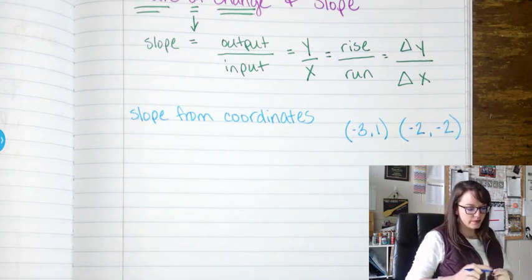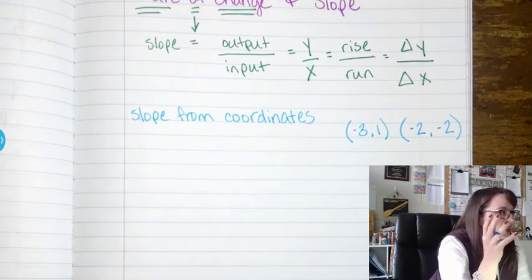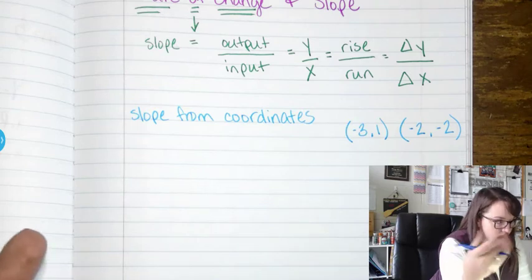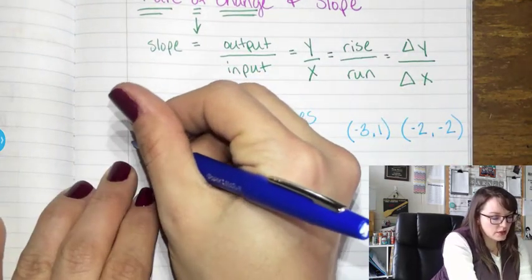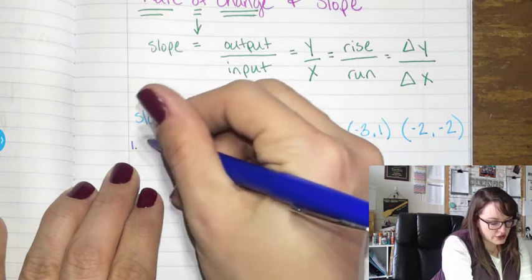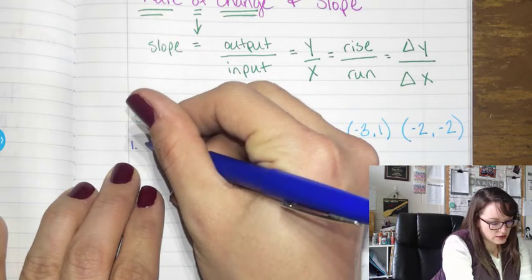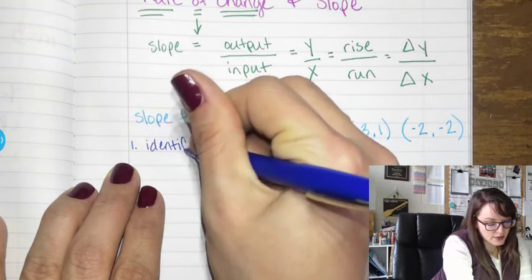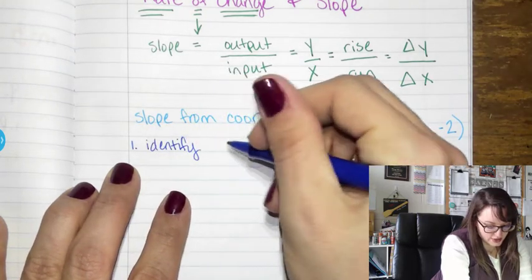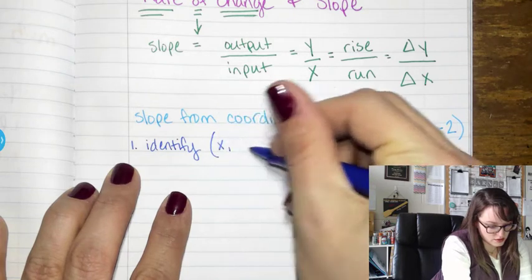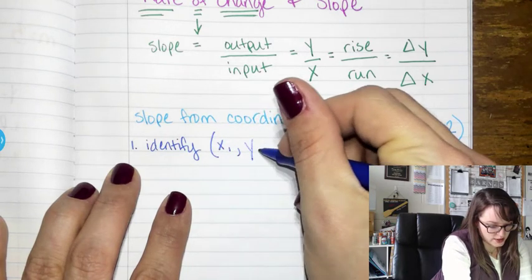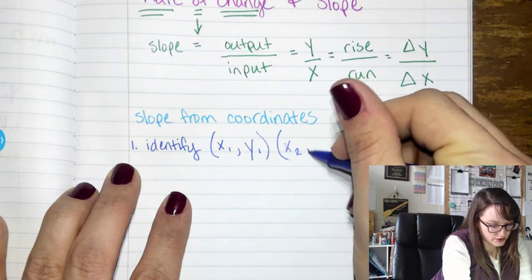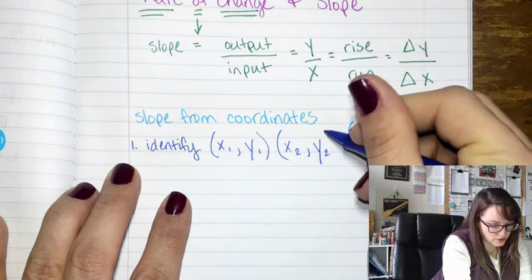First thing we're going to do, we have to decide which one is going to be first. Generally, it's the first one. It really does not matter. So first, we need to identify, I guess, don't want to say label, your x1 and y1 and your x2, y2.